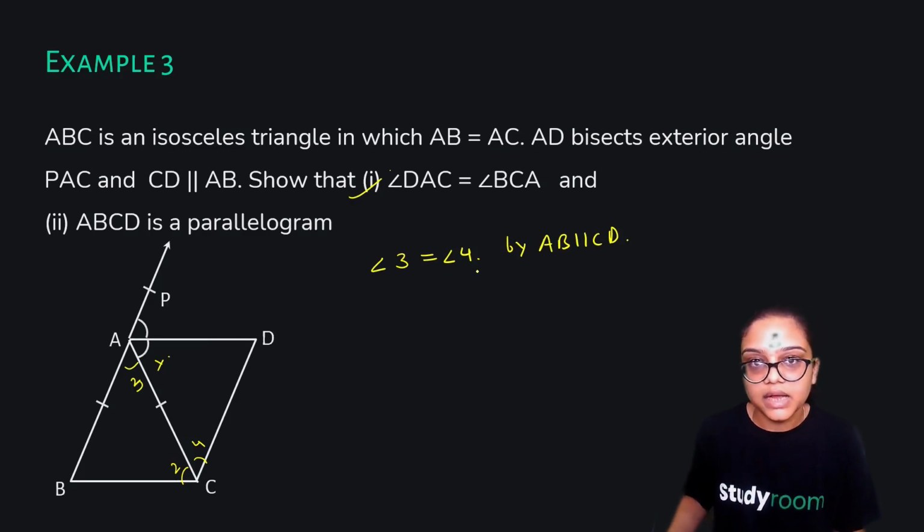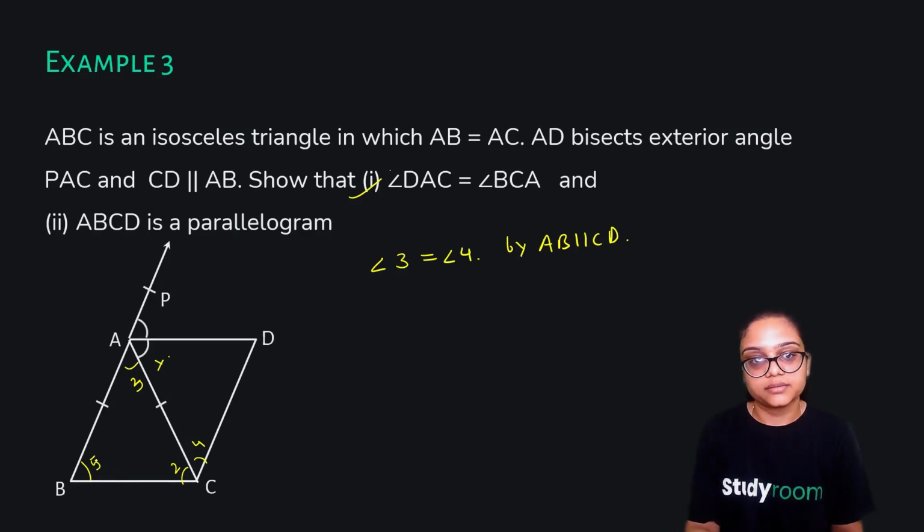I hope you got my point. Now, just see this triangle. This angle may be 5. Angle 2 would be equal to angle 5 by angles opposite to equal sides of a triangle, so they are also equal.